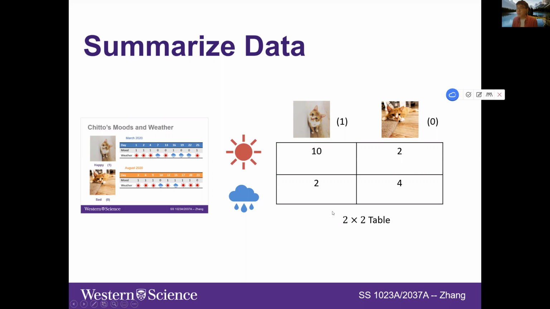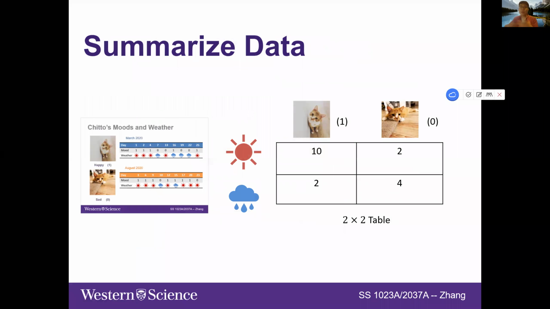Because we have two categories in the weather and two categories in the mood, in total we have 2 times 2, which is 4 different combinations, right? Then we find how many times those combinations appeared in our data set. In this way, we summarize all of this information into these counts. This 2 by 2 table is the most basic table we're going to use through the whole lecture.